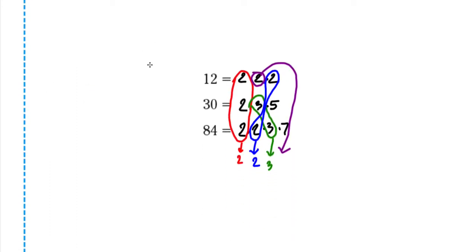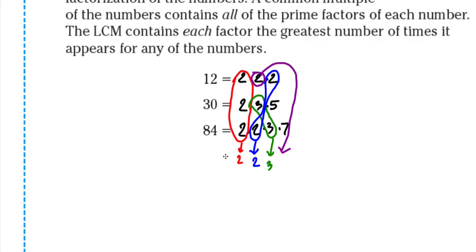Let me make the other stuff reappear. There you go. Okay, so we bring down the 2. And this one, we bring down the 5 as well. And we bring down the 7. Because it's saying the LCM contains all the prime factors of each number.